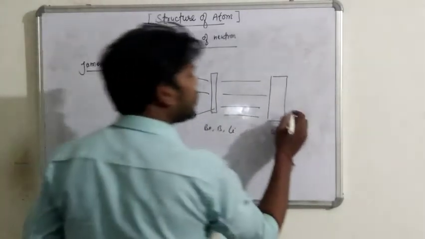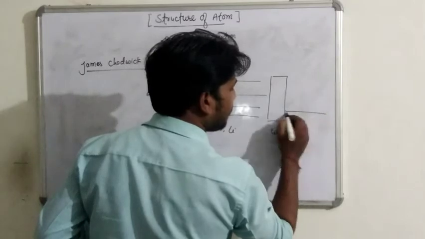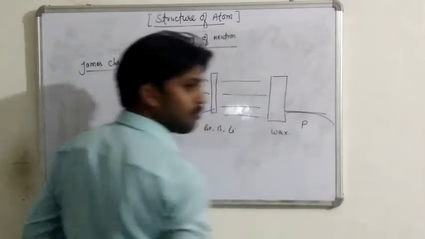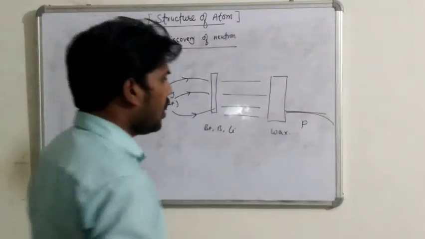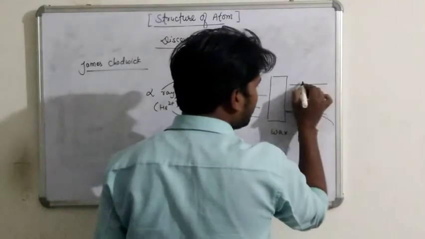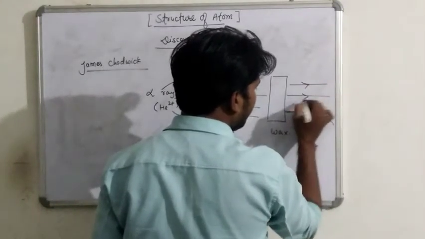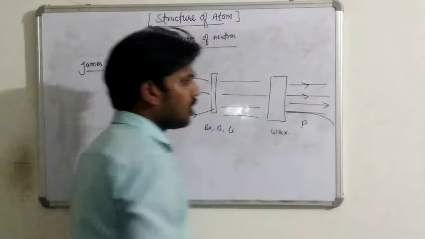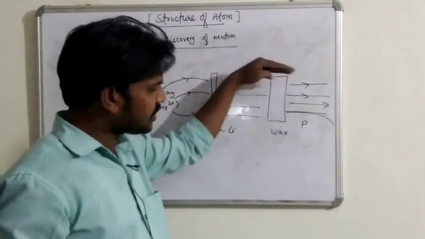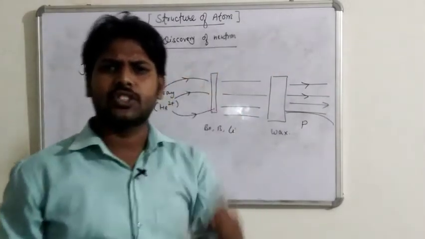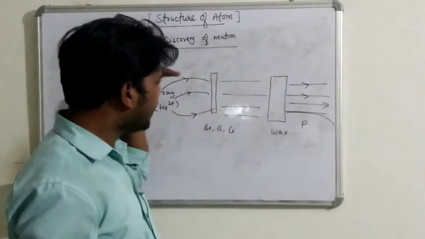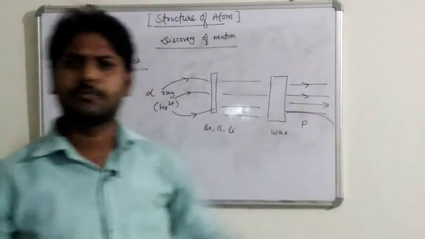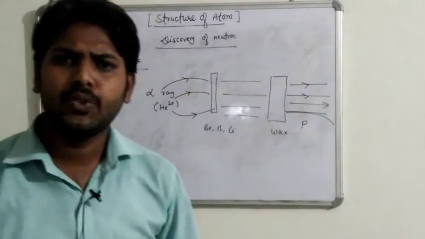When he put the wax, he observed that first protons were coming out. Along with the protons, a third particle was coming, a very small radiation which was penetrating through the wax. Clear, students?